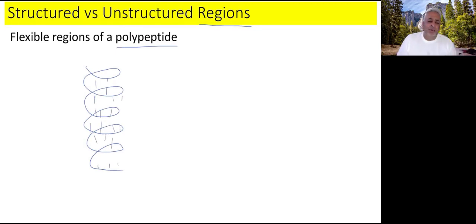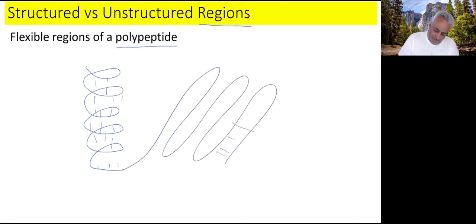So they could be using hydrogen bonds, ionic bonds, or van der Waals forces, hydrophobic, hydrophilic interactions. Any of the non-covalent bonds can normally be used to stabilize the spiral structure of that alpha helix. And likewise, the beta sheet can be stabilized by lots of hydrogen bonds and other types of ionic interactions and van der Waals forces to give that some rigidity.